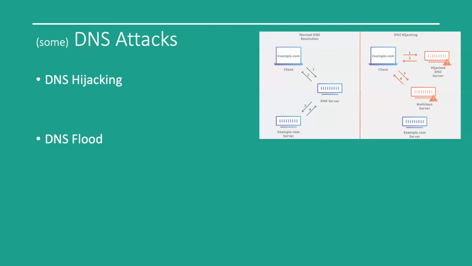All right. Another attack is DNS flooding. This is a type of DDoS attack, or distributed denial of service attack. The attacker is essentially trying to cause DNS resolution for a specific domain to fail.